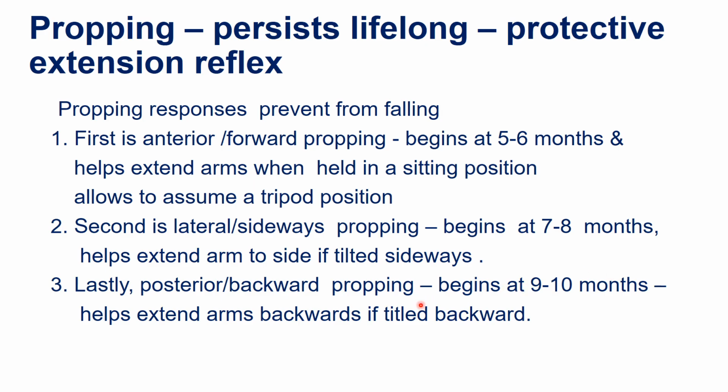This begins at 9 to 10 months of age, and this helps the baby extend the arm backwards to protect itself when tilted backward. So from any tilted position, the child protects themselves by extending the arms. This propping reflex persists throughout life.